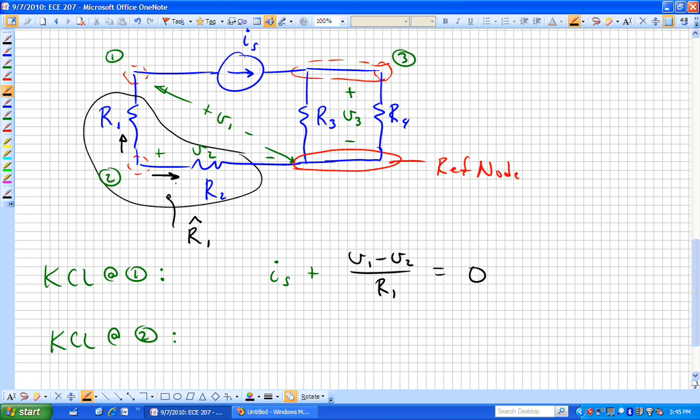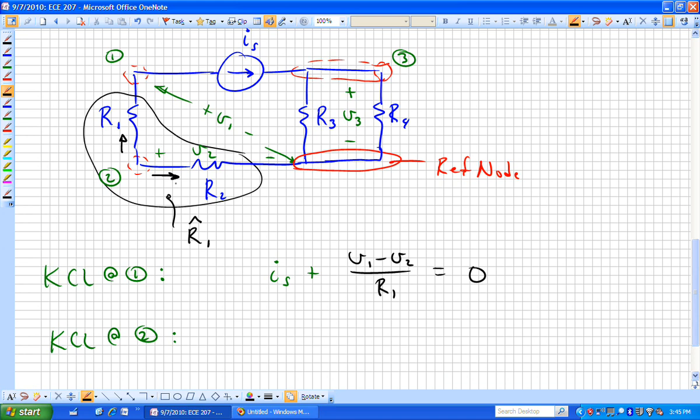Question? Why do we draw the current down R1 the first time at 1, but then at 2 we draw it up? Why am I changing the direction of my current going through R sub 1? It's because I'm just trying to write governing equations, and I'm not trying to decide which way the current is going. For node 2, I want to consider the currents flowing out of it.